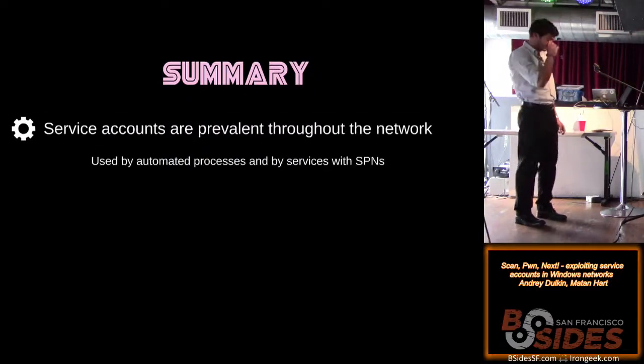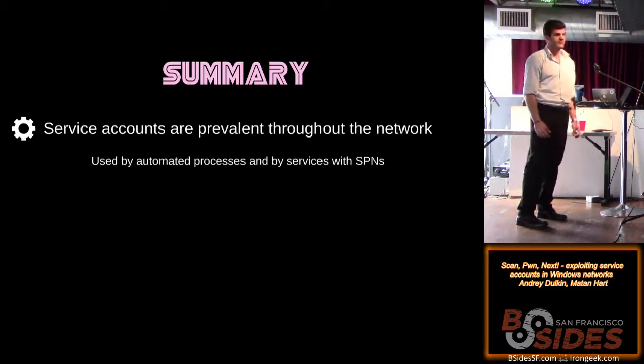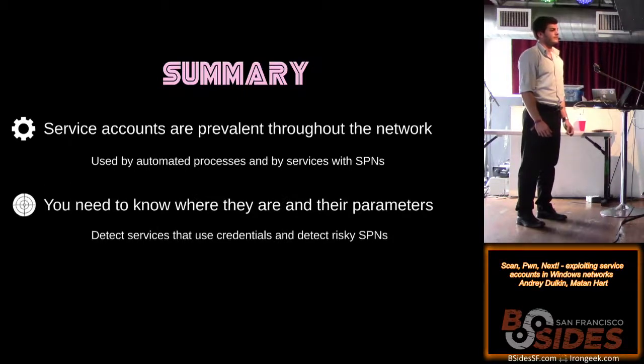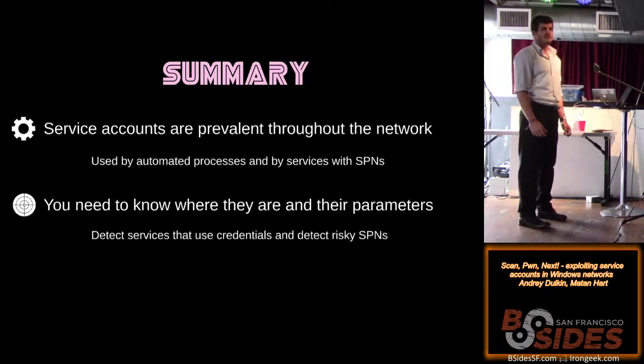So to sum the whole thing up, which we've discussed up until now, service accounts and services in general are prevalent in our networks, both used to connect to other resources as automated processes and those listening for incoming connections. Their accounts are often overlooked, and you need to know where they are and what their parameters are.